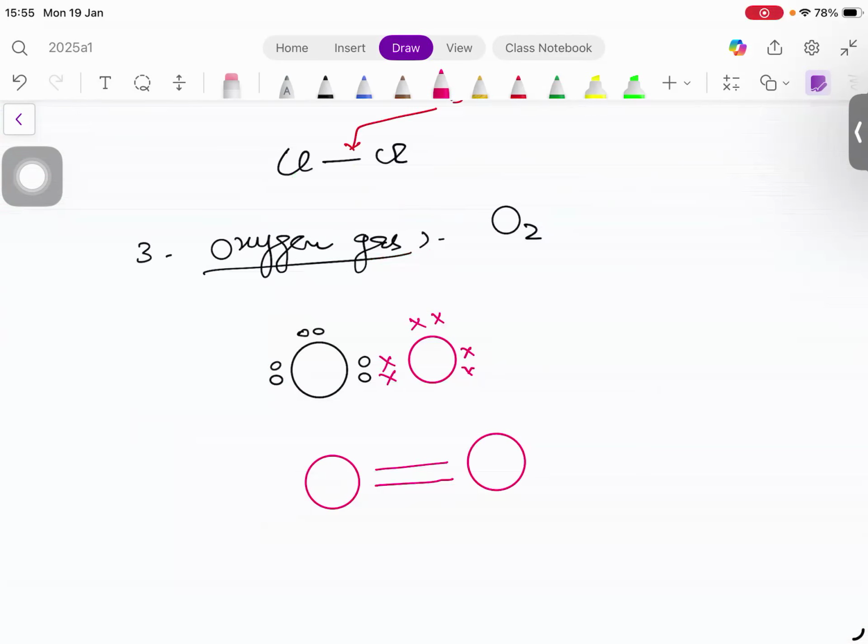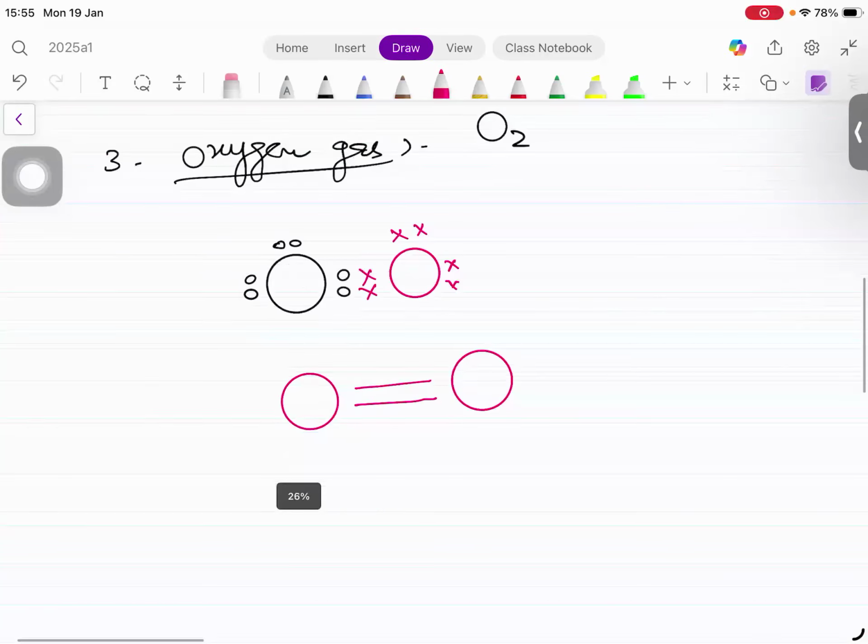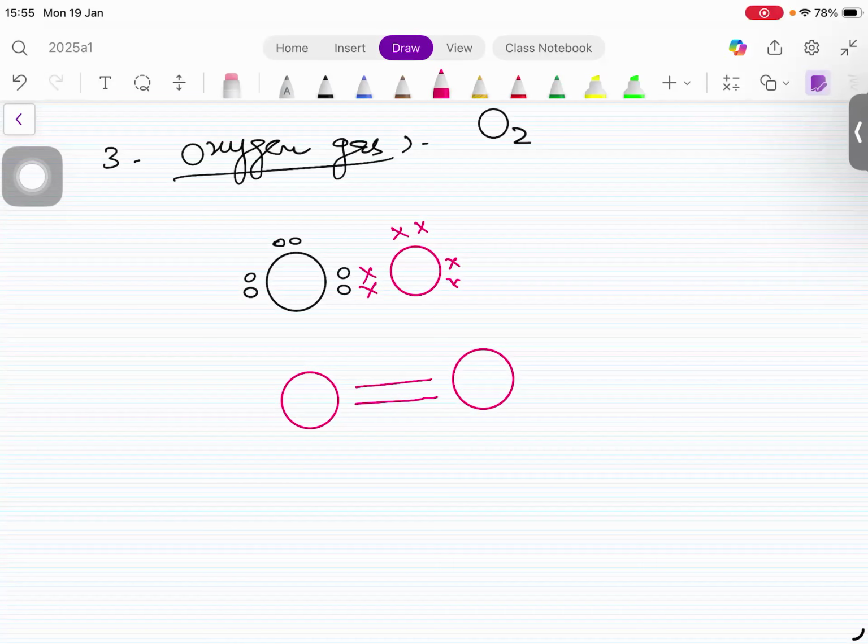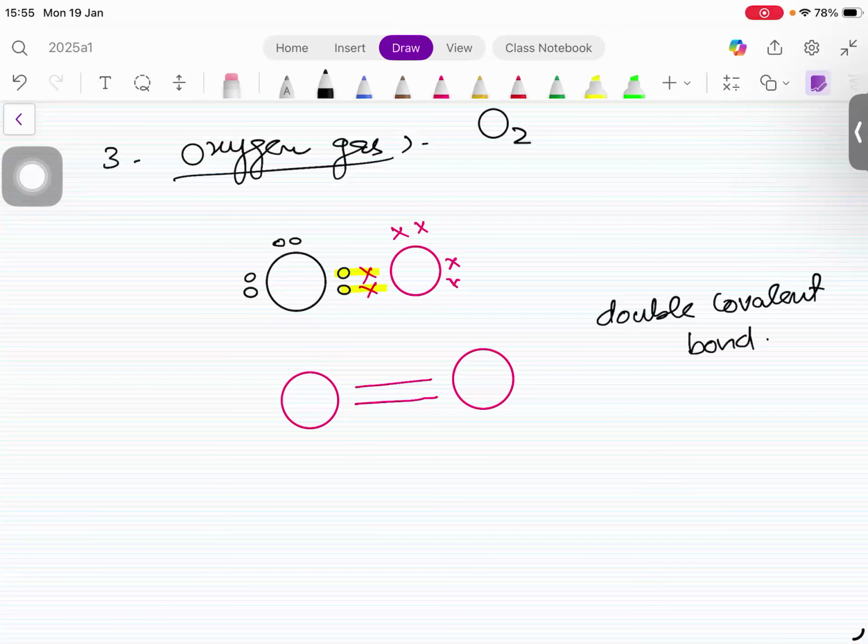Because if they shared only 1 electron, 7 electrons won't serve the purpose. They have to complete 8 electrons in their outer shell. Hence you see there are 2 electron pairs that are shared. This is known as a double covalent bond.